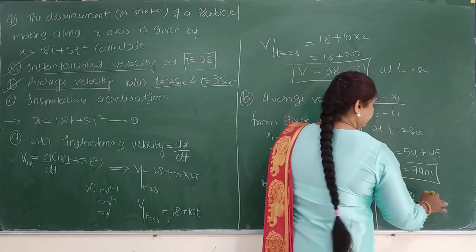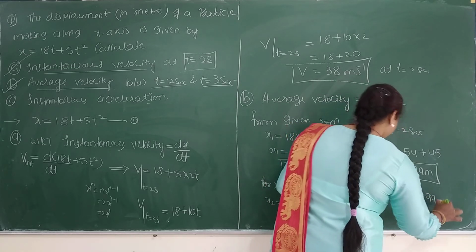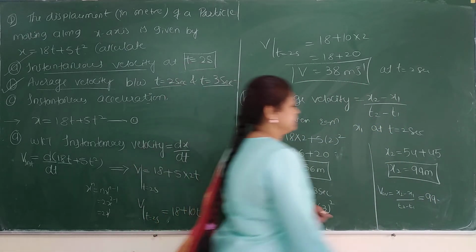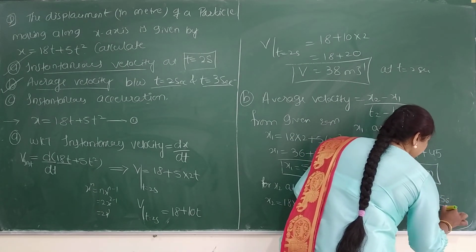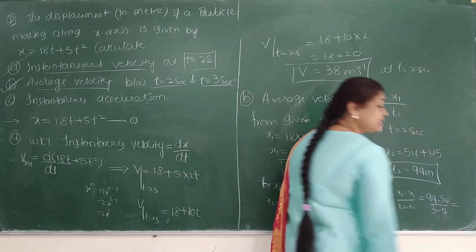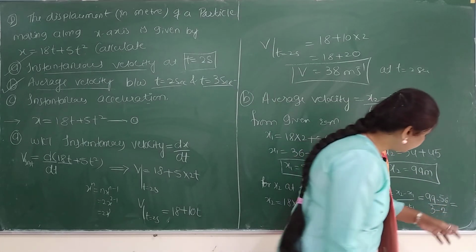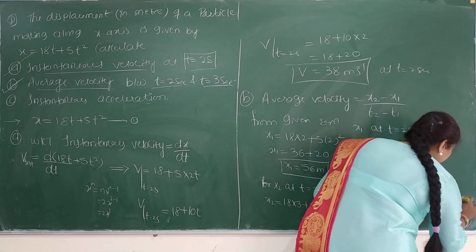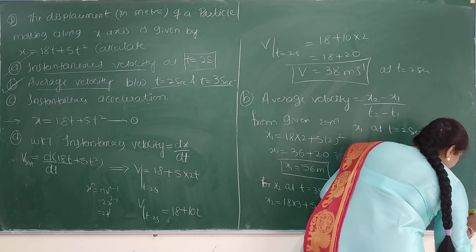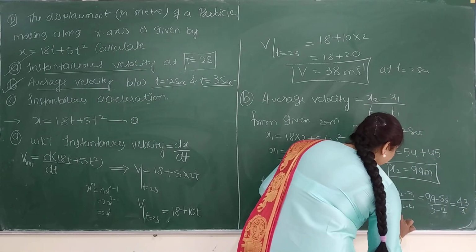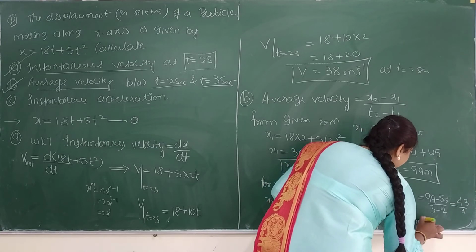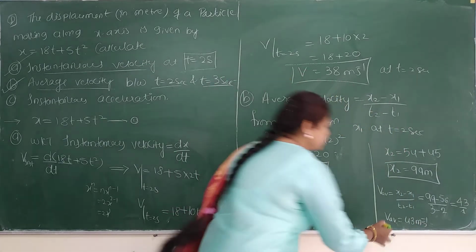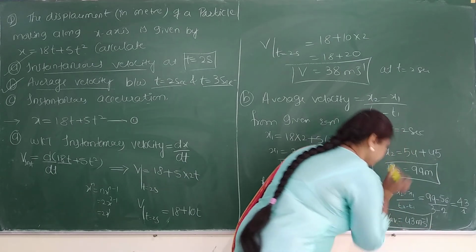So x2 value is 99 minus x1 is 56, divided by 3 minus 2. How much you will get? 99 minus 56, this will be 43 divided by 1. Then average velocity will be 43 meter per second. This is the required answer. Note down.